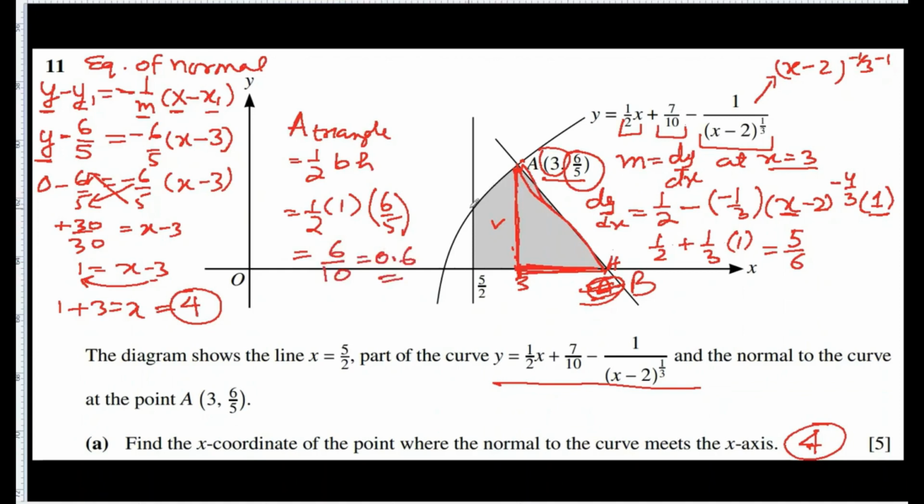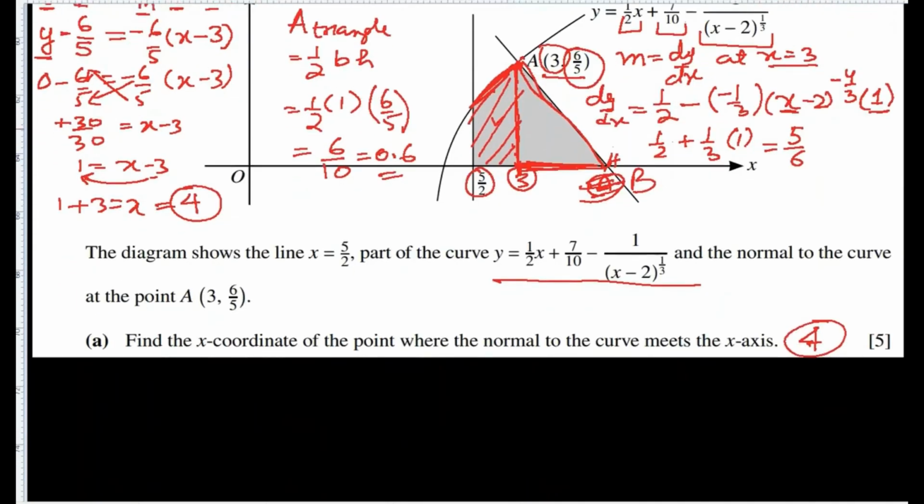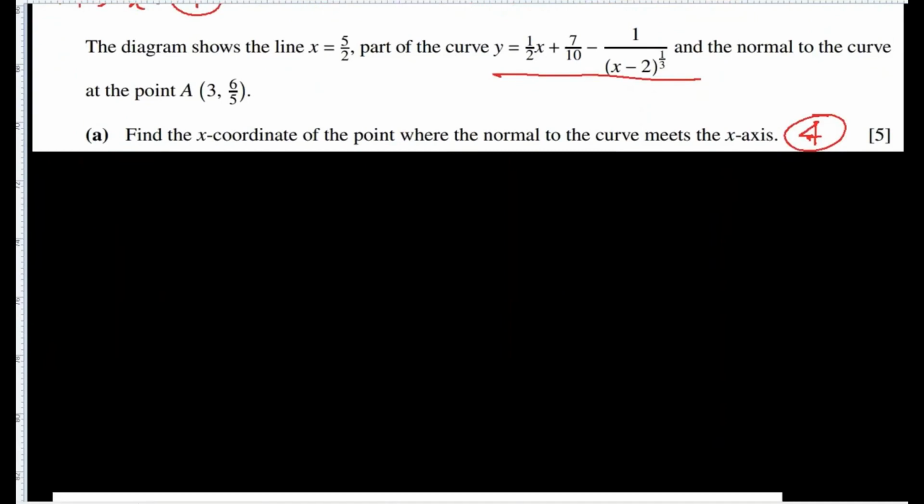Let's focus on the curve now, and we want the area under the curve only this part where x is 5 over 2 till x is 3. This is the area we have to find. And to find the area of this part, we need to integrate the equation of the curve, and this is the equation of the curve again.